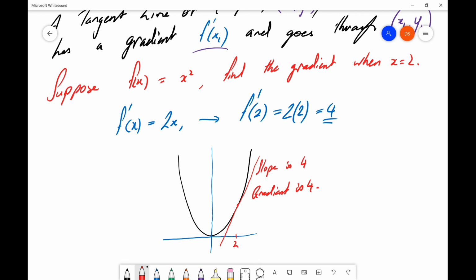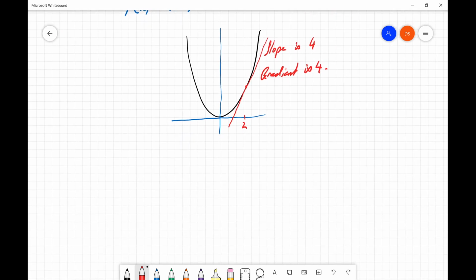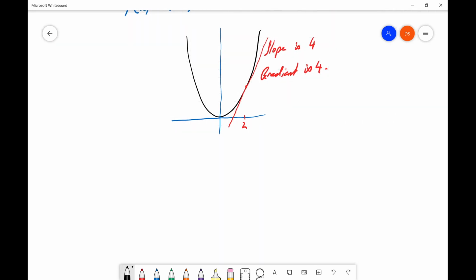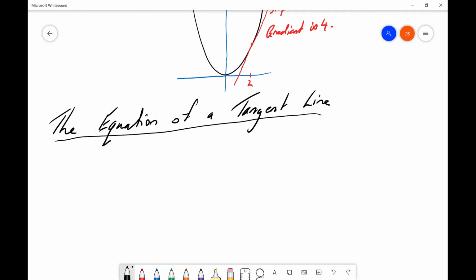Now, what I'm going to do is I'm going to introduce you to a cool equation. The equation of a tangent line.